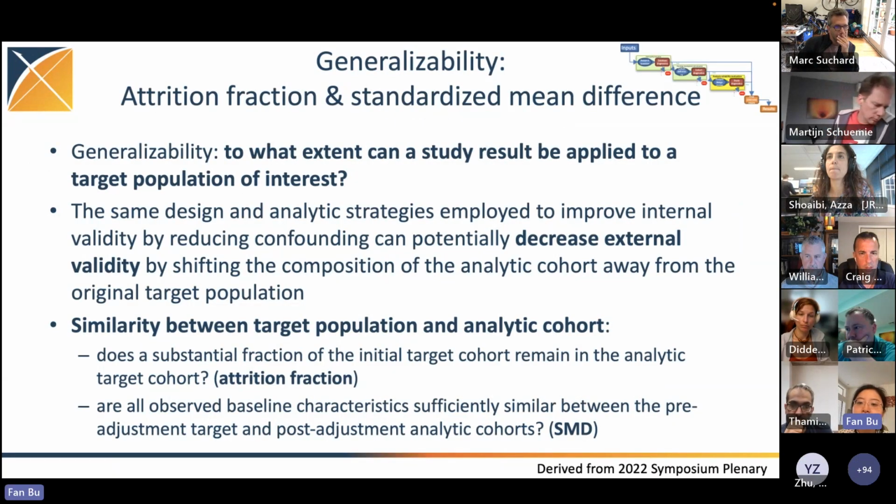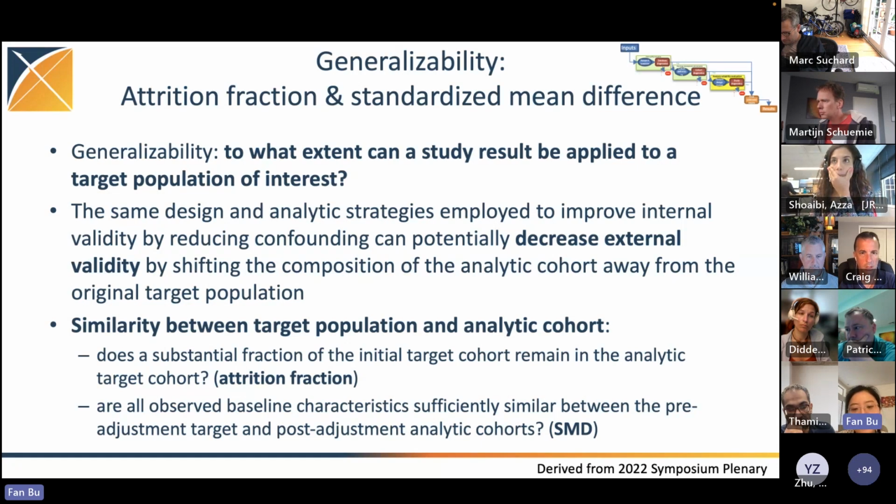Now, another thing that we want to check is generalizability. The question we want to ask here is, to what extent can our study results be generalized and applied to the true underlying target population of interest?